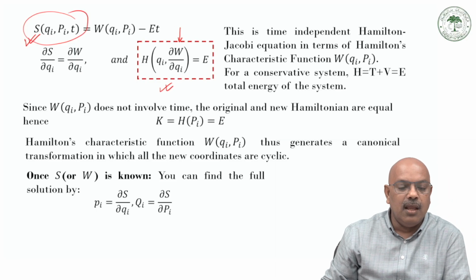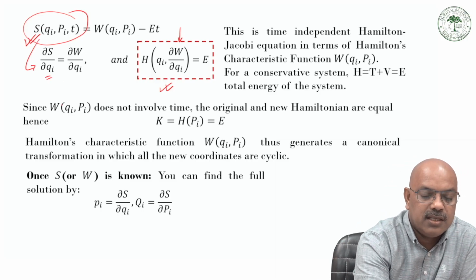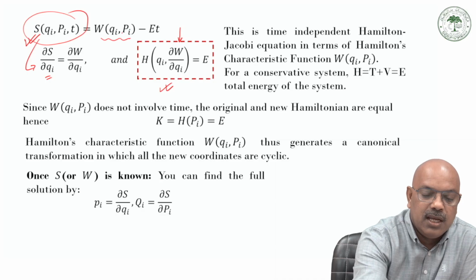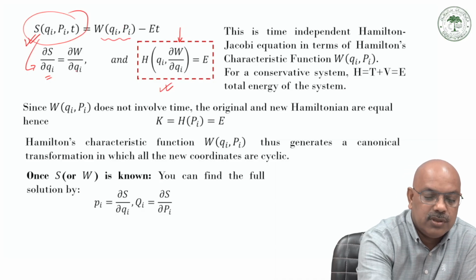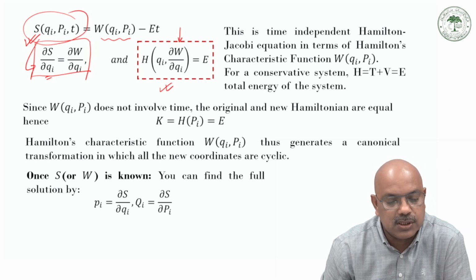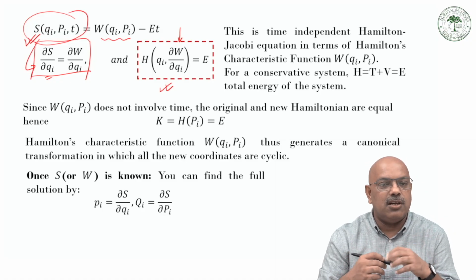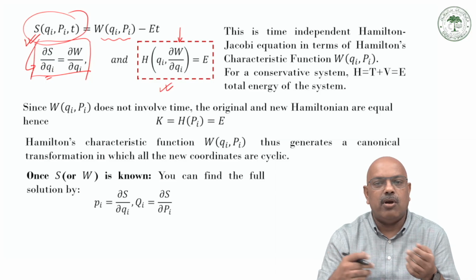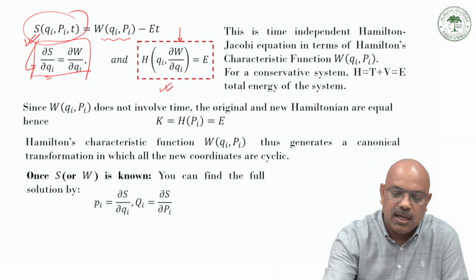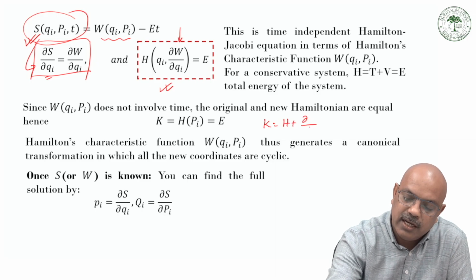Okay, so when I differentiate this with respect to the coordinate, I'm only going to get this part, because this is not depending upon time. So these two are equal when you talk in terms of the position coordinate, the time independent part. Since this Hamilton characteristic function does not involve time, the original and the new Hamiltonian are going to be equal, because K is H plus dF by dt.